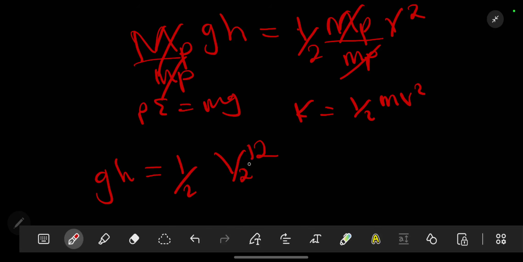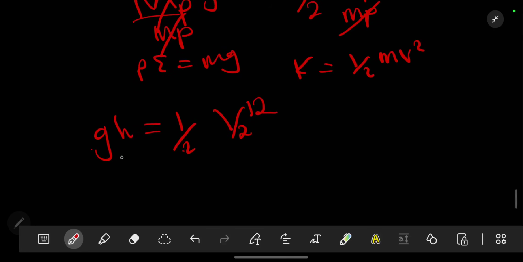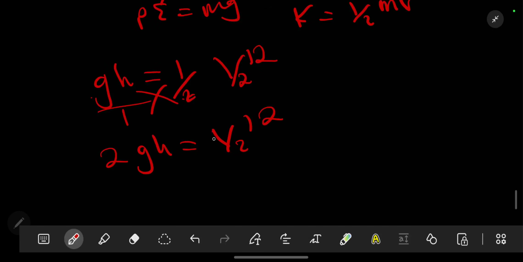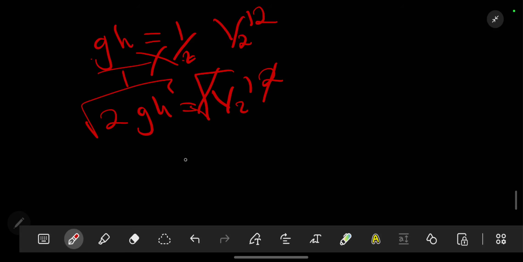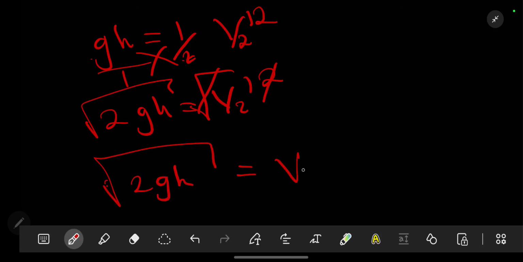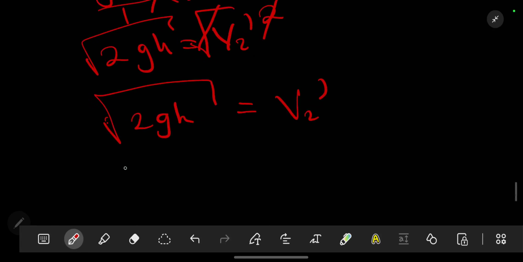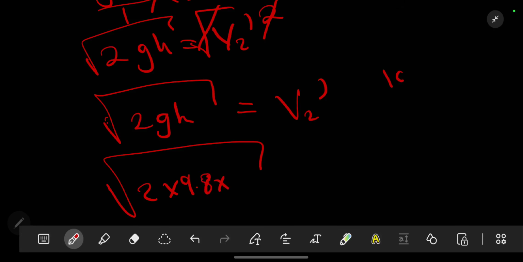velocity of the pendulum. Multiplying by 2, we have 2gh should be equal to v2 prime squared, so that we take the square root, and we have the square root of 2gh equal to v2 prime. Replacing, we have the square root of 2 times 9.8 times the height, 10 centimeters.